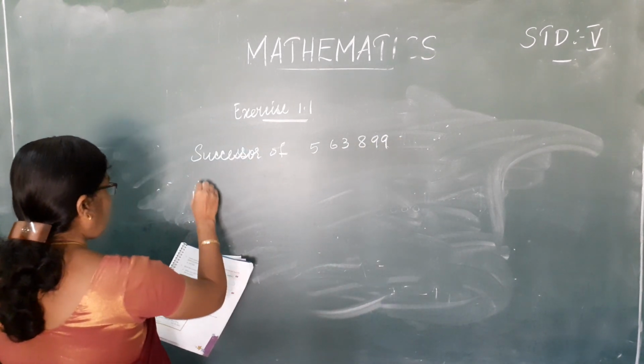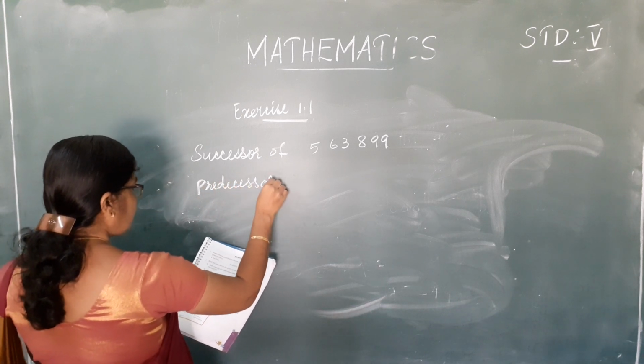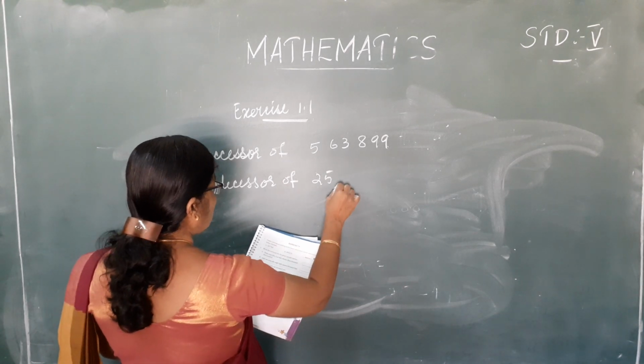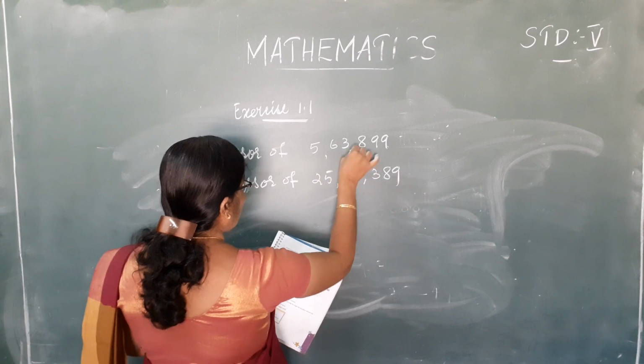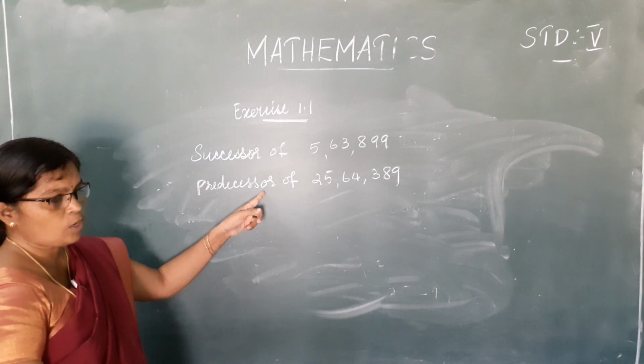Then next, the predecessor of 25,64,389. You have to write the successor of the first number and the predecessor of the second number.